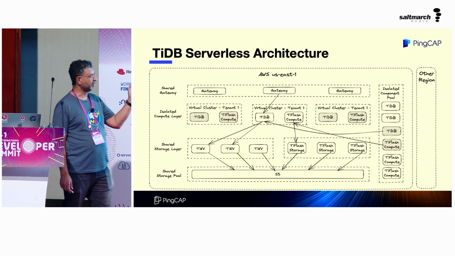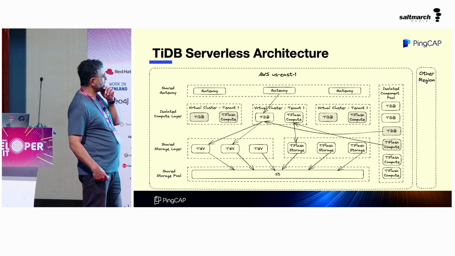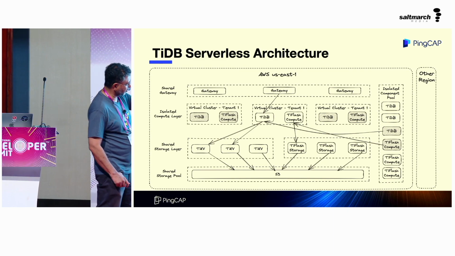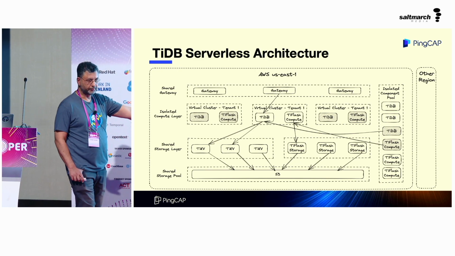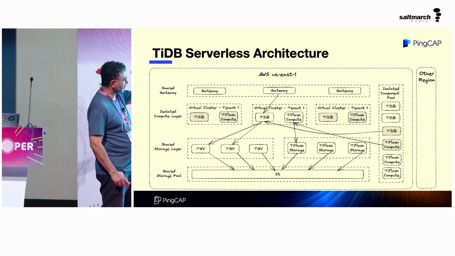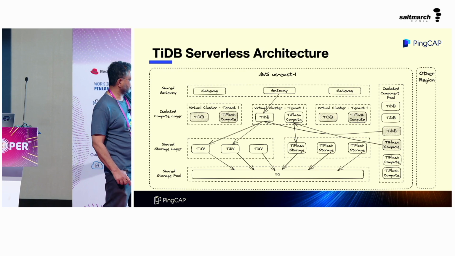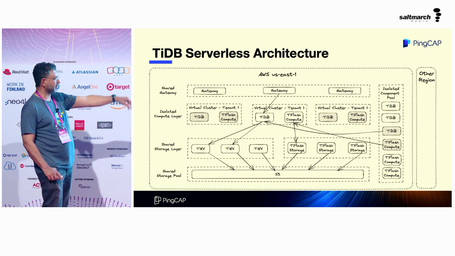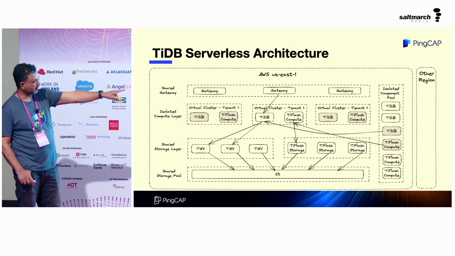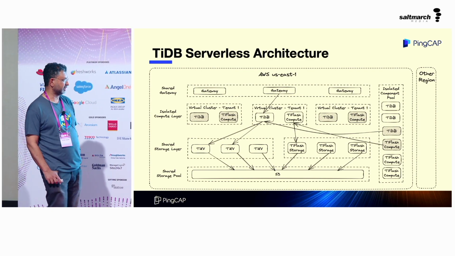So this is roughly what it looks like. How to explain this, let's start from the bottom. All the data ends up on S3, right? How does it get there? It gets there via the Raft protocol that's in the TiKV layer. TiFlash, the column store, also goes to S3.